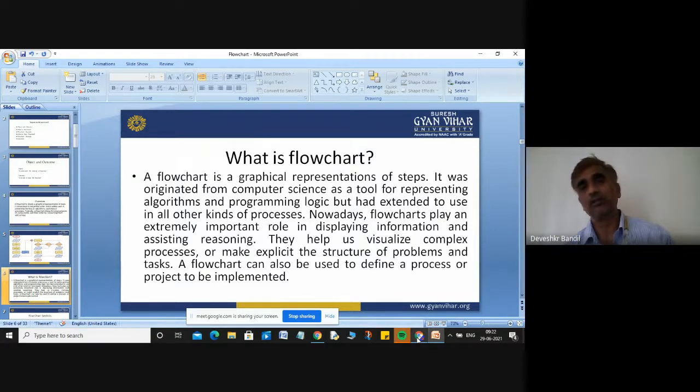In your algorithm, you will write only instructions in text. And if you draw the flowchart, all the instructions which you want to write in your algorithm, you just show in a graphical way, in a graphical representation. That's why I had told that a flowchart is a graphical representation of your steps.